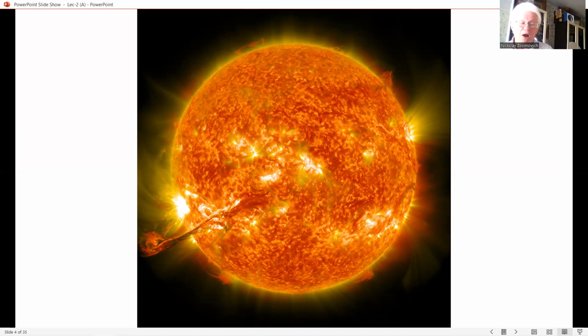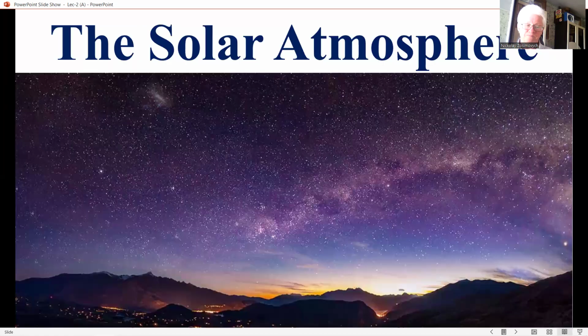It is made up almost entirely of the gases hydrogen and helium, confined by its own gravity in a sphere of 109 times Earth's diameter. The gases of the sun's surface are hot and radiate the light and heat that make life possible on the Earth. That solar atmosphere is where you can begin your exploration.